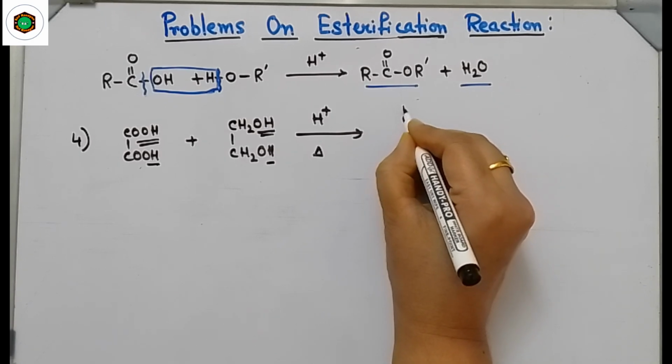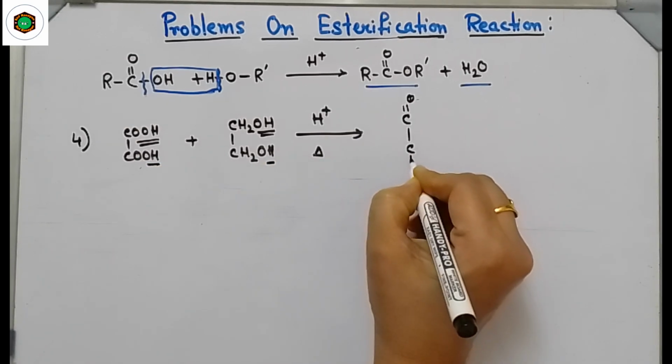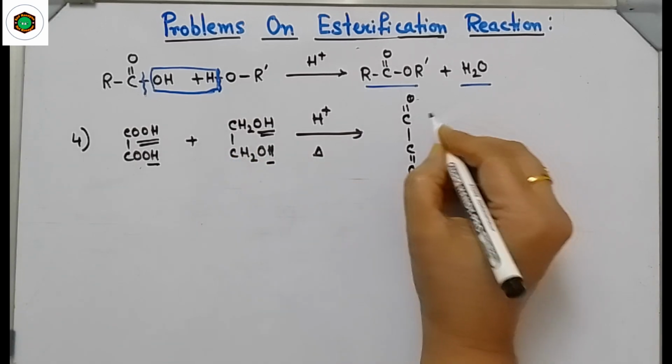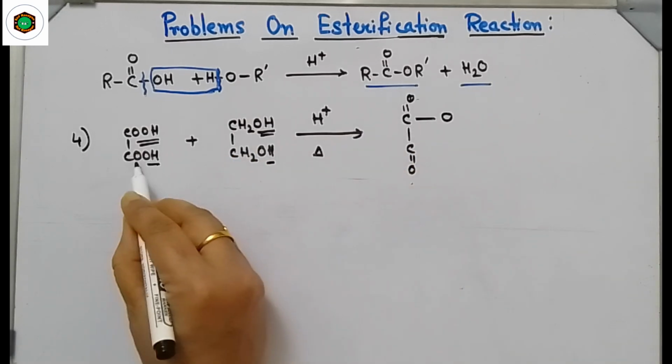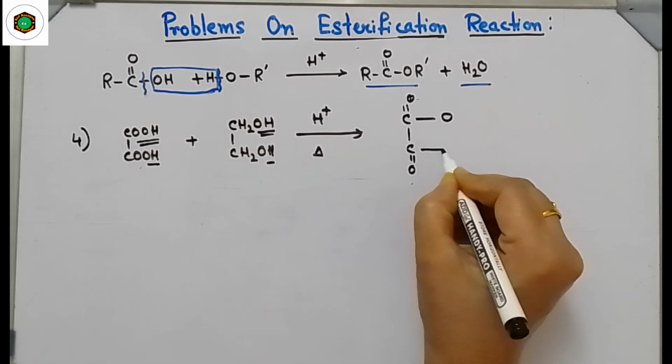C double bond O, it is bonded with C double bond O, then it is bonded with oxygen, it will be also bonded with this carbon, will be bonded with oxygen.